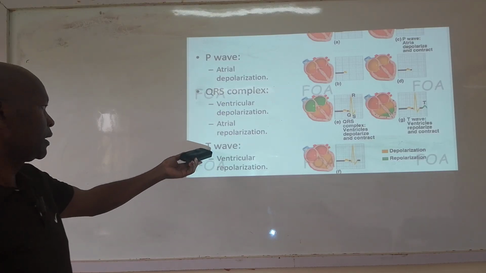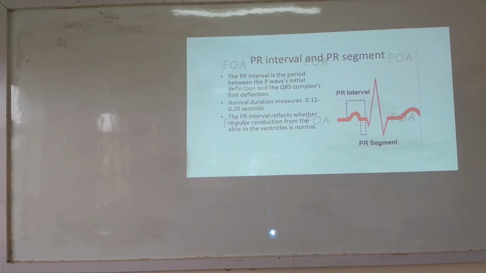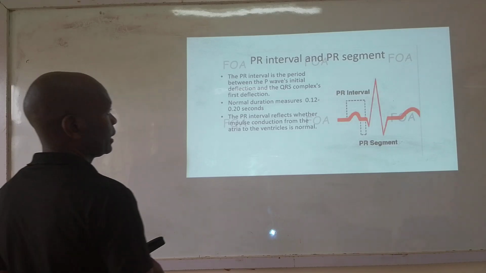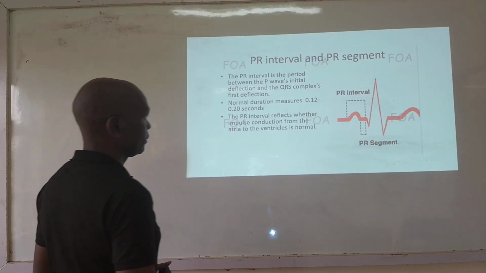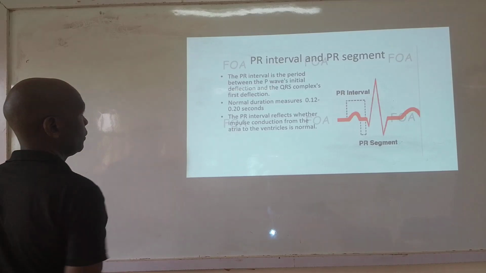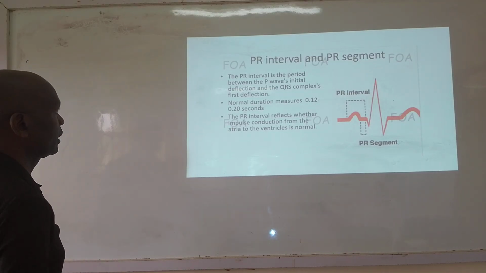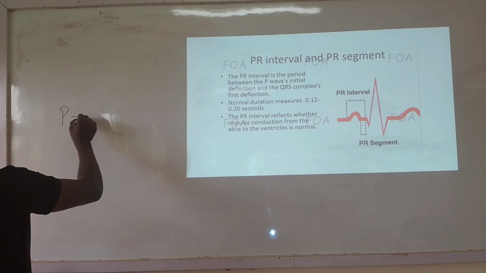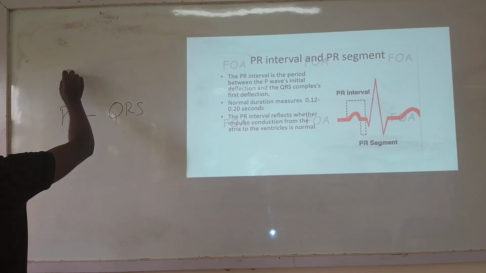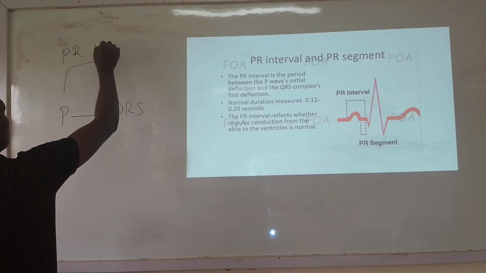Then you have the T wave, which means ventricular repolarization. Then you have what we call the PR interval. The PR interval is the period between a P wave deflection and QRS. So P wave to QRS, that is what we call the PR interval.